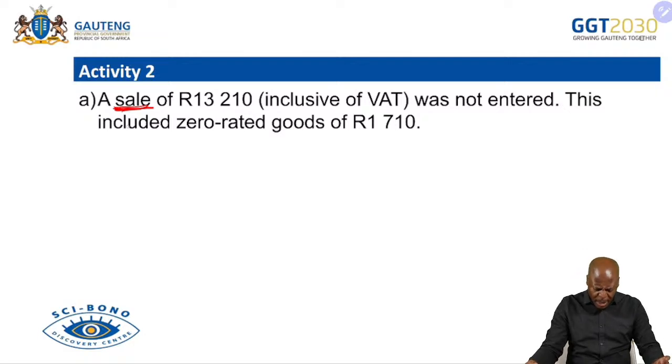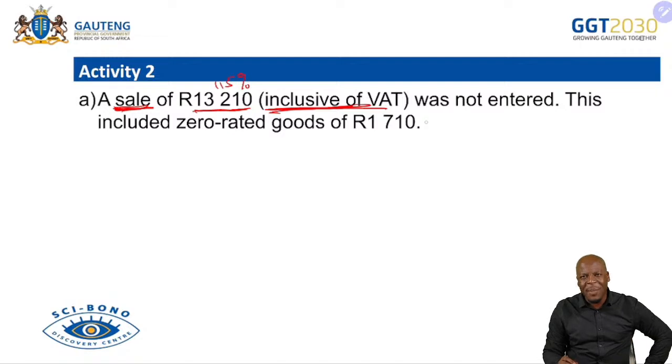So a sale becomes output VAT. They say a sale of 13,210, and this is inclusive of VAT. That means this is 115%. It was not entered. This included zero-rated goods of 1,710.